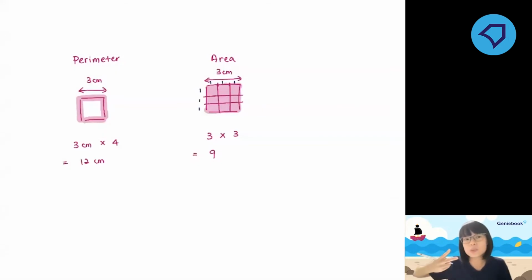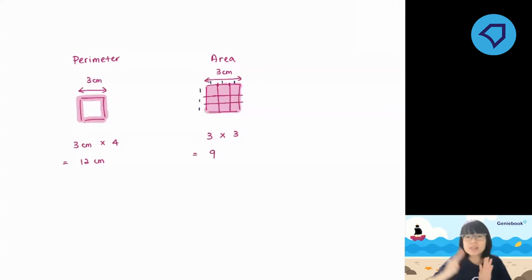So that's the difference between your perimeter and area. Area is counting the inside of it. If the length is 3 and this length is 3, you need to multiply 3 groups of 3. That's why we have 9 centimeters squared. I hope you guys are clearer now. Perimeter just means the outline.